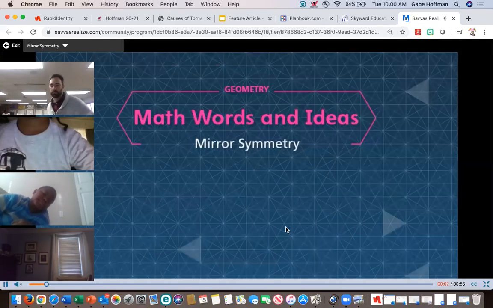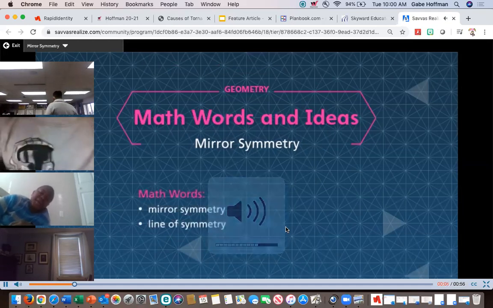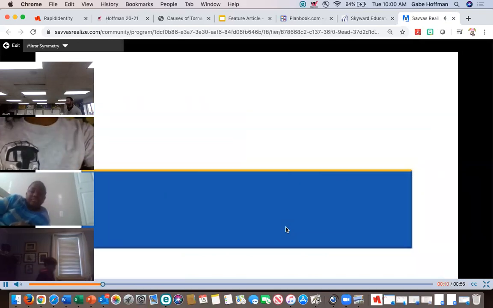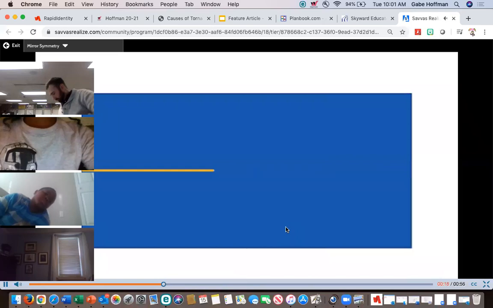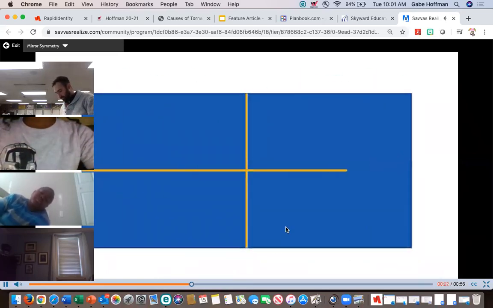Mirror symmetry. I can fold this rectangle along this line and the halves match exactly. That means this rectangle has mirror symmetry. This line is a line of symmetry. I can also fold this rectangle along this line as well. This rectangle has 2 lines of symmetry.